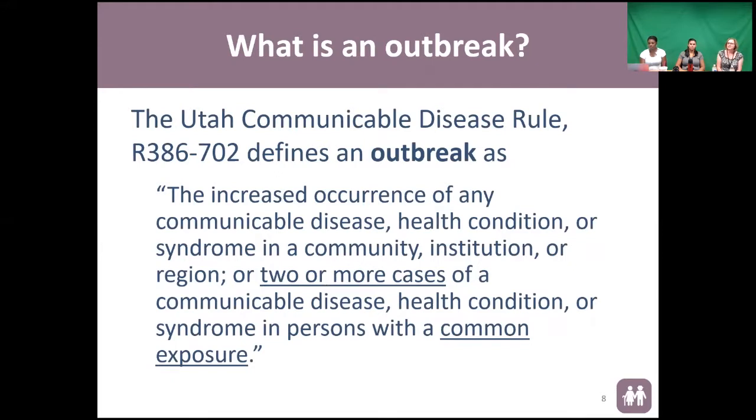So this is a pretty general definition of an outbreak, and that is how Utah defines an outbreak. So basically an outbreak is two or more linked cases, but finding the common exposure can be the challenging part. Therefore, it's important to have some background of your facility's rates.